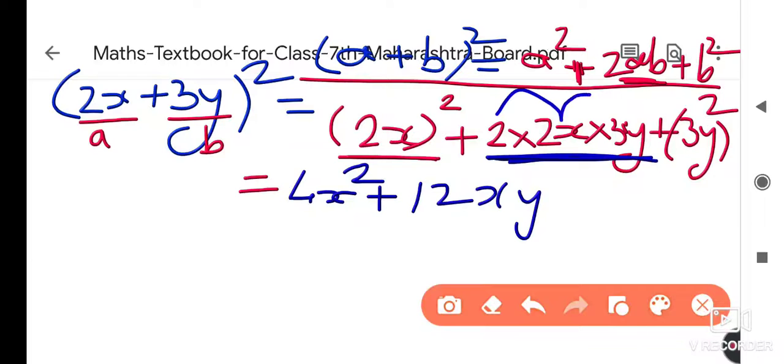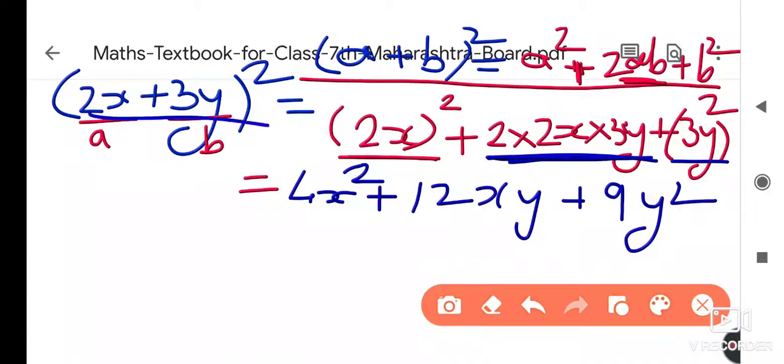So 2 into 2x into 3y is 12xy, and plus the last term, 3 square is 9 and y square is 9y square. So the expansion of (2x plus 3y) whole square is 4x square plus 12xy plus 9y square. Okay, note this down.